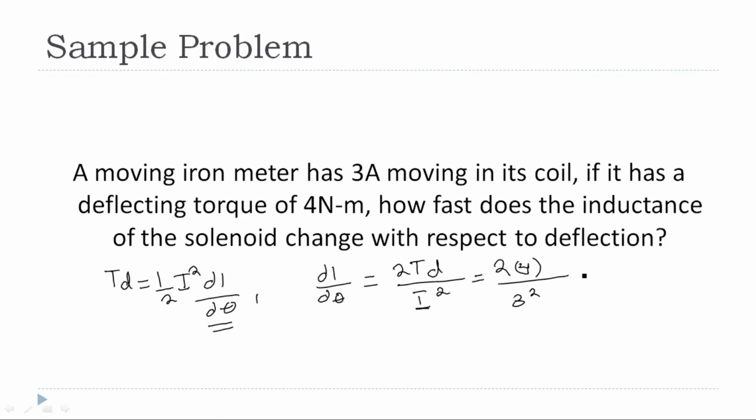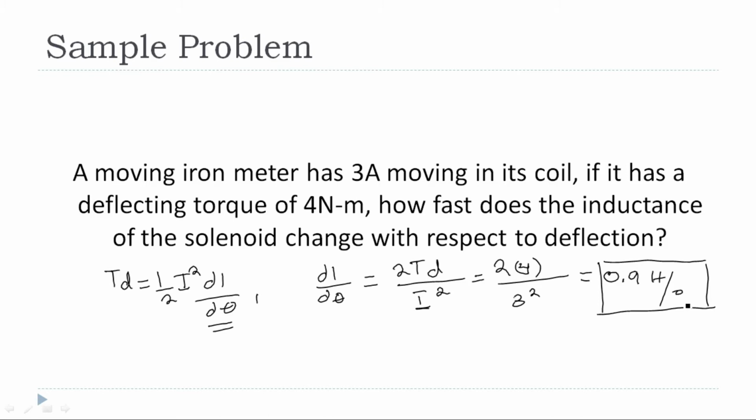So the answer here, can I do this mentally? 2 times 4 divided by 9. So, 8 over 9, or 0.88 or 0.9. 0.9 Henry per theta. Maybe just put degrees, no problem. It is the same anyway. So this is our answer.